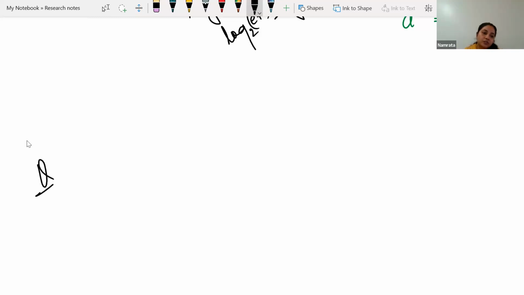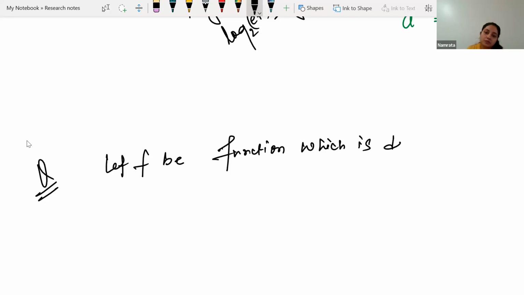If one of the questions is like this: let f be a differentiable function.